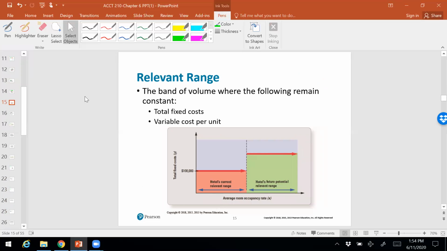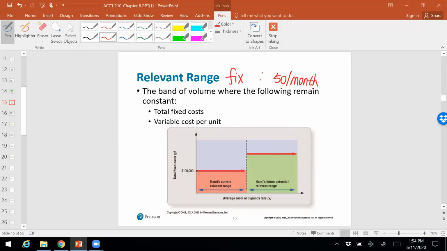The last part is the relevant range. When we talk about fixed cost, it is only fixed in a certain range, right? Let's think about real life. Say the insurance is $50 per month. That may apply only when your total mileage is 0 to 10,000 miles for that month.